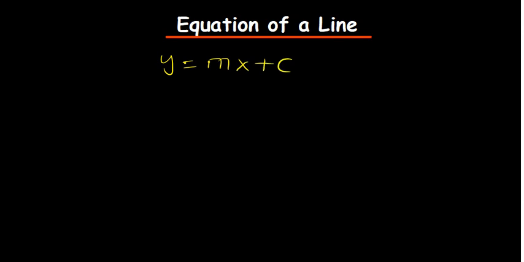Each time you are given an equation of a line, you should be able to draw the line. The equation gives you the gradient and also the y-intercept, which are very key and very important in determining the passing points.